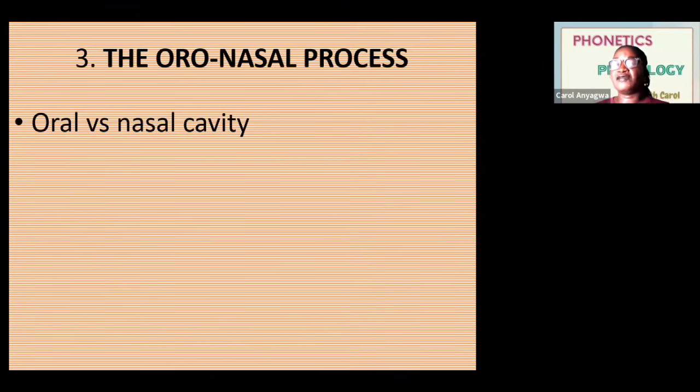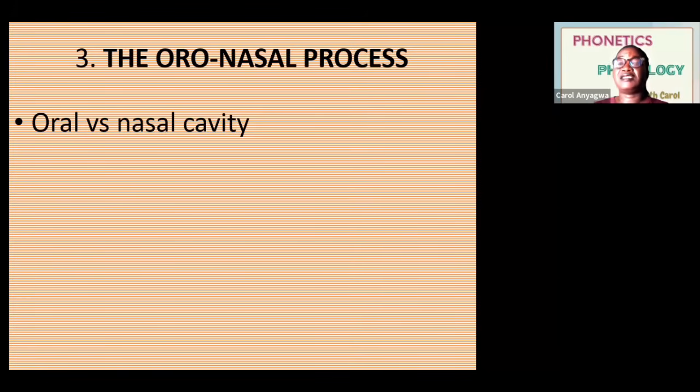One is the oral cavity, the other is the nasal cavity. Oro-nasal is a blend of oral and nasal. So this is the stage at which the speaker has to determine whether the sound to be produced is an oral sound or a nasal sound.